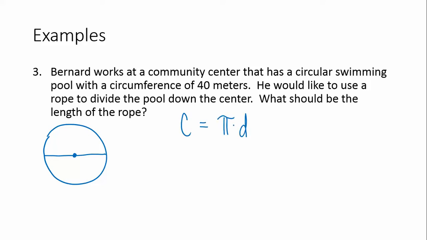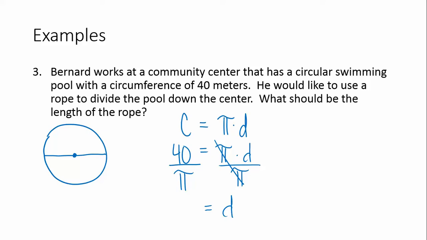We don't know the diameter this time, but we do know the circumference. The circumference is 40, so we plug 40 in for c, equals pi times d. We need to solve the equation for d by dividing both sides by pi. Remember that pi is just a number. If there was a 2 in front of that d, you would divide both sides by 2. There's a pi in front of it, so we divide both sides by pi.